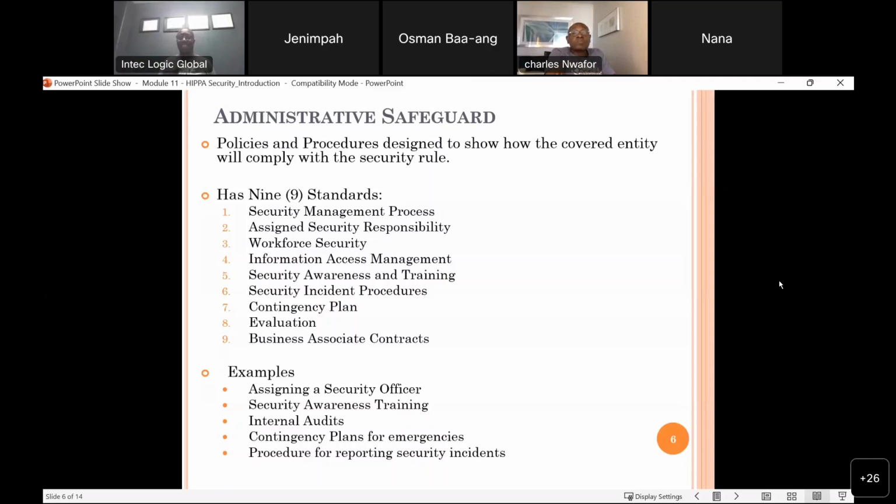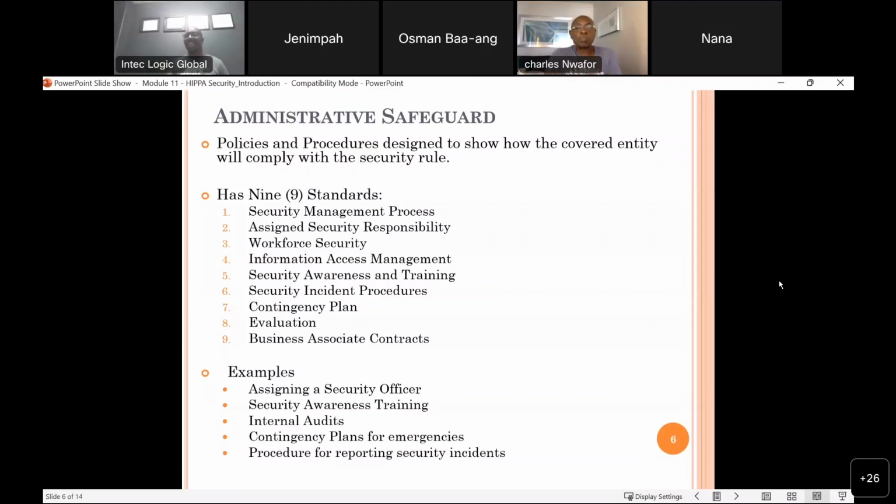First one is security management process, assign security responsibility, workforce security, information access management, security awareness and training, security incident procedure, contingency plan, evaluation, and business associate contract.